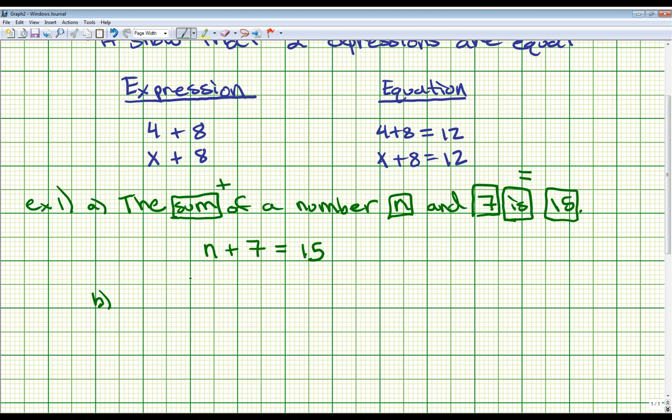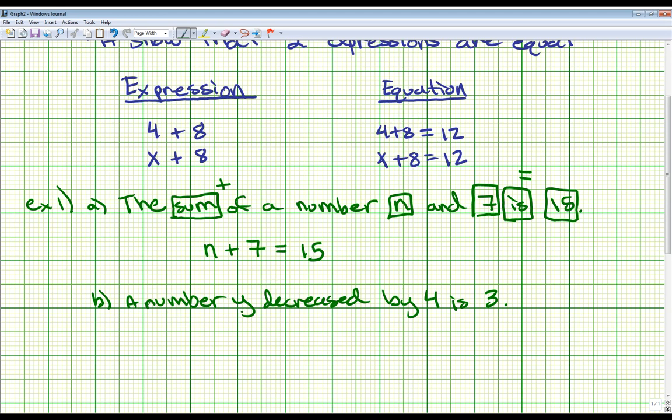The next one says, a number y decreased by 4 is 3. So let's write down the sentence. A number y decreased by 4 is 3. So let's start underlining or boxing in some important things here.